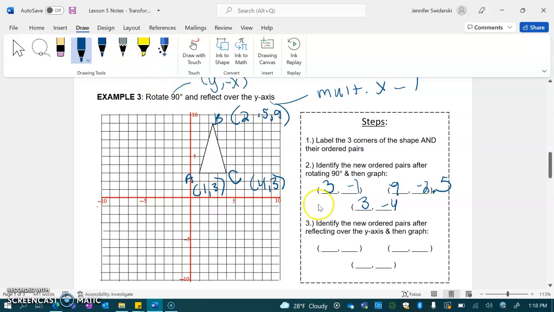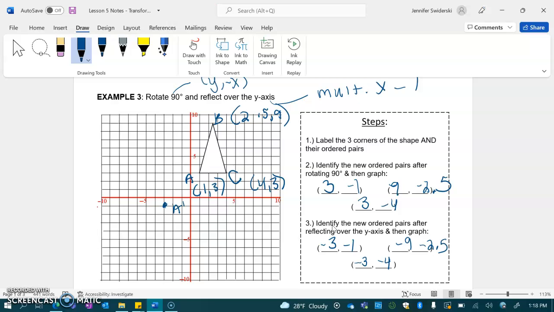Now it says identify the new ordered pairs after reflecting over the y. Now what I need to do is multiply my x by negative 1. So I'll get negative 3, negative 1. Negative 9, negative 2.5. And then I'll get negative 3, negative 4. When I go in and graph, I'll get negative 3, negative 1.